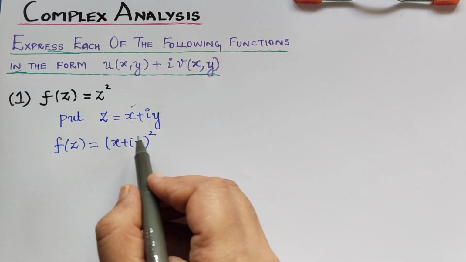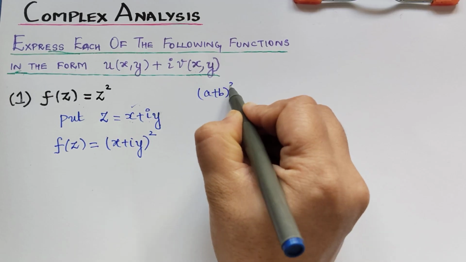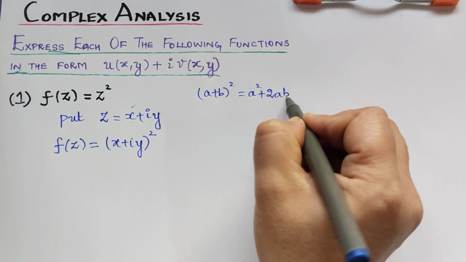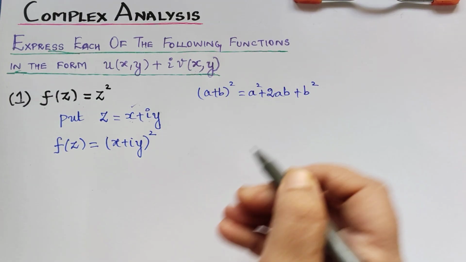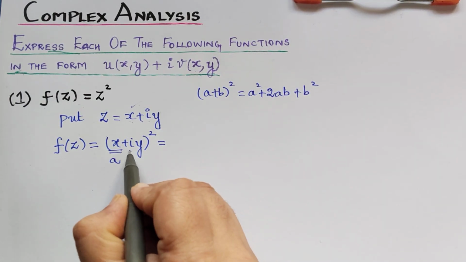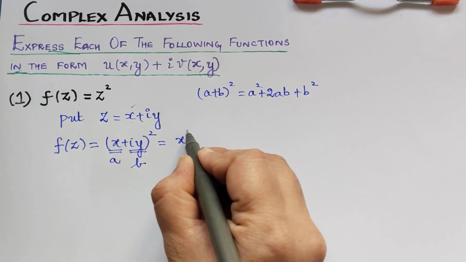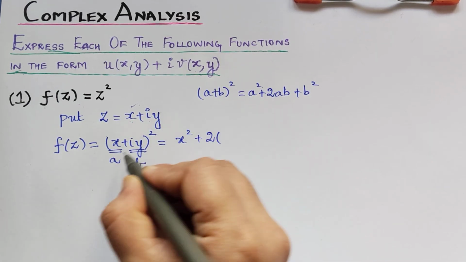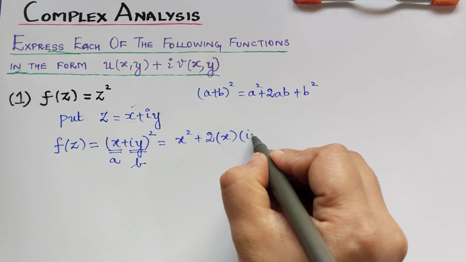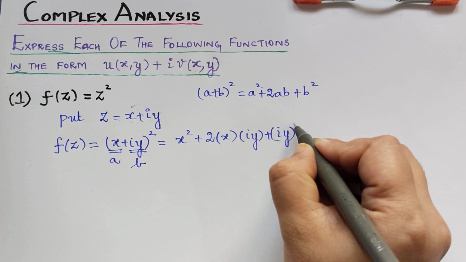Now this can be expanded by using the formula (a plus b) the whole square, which is equal to a square plus 2ab plus b square. On expanding, here x will be treated as a and iy will be treated as b. So a square, that is x square, plus 2 multiplied with a, which is x, multiplied with b, which is iy, plus b square, that is (iy) the whole square.